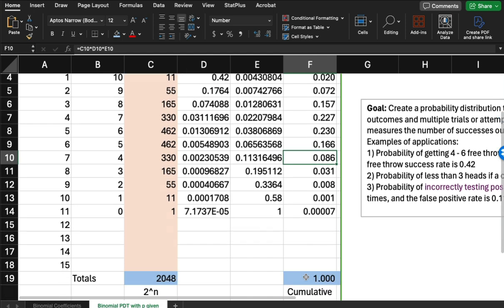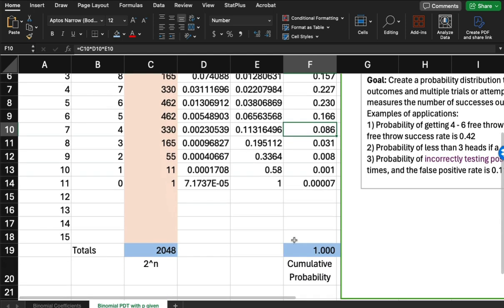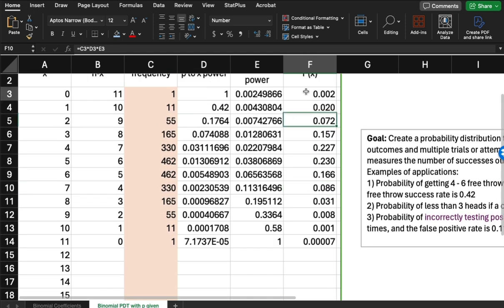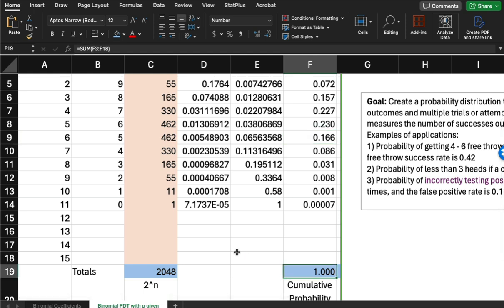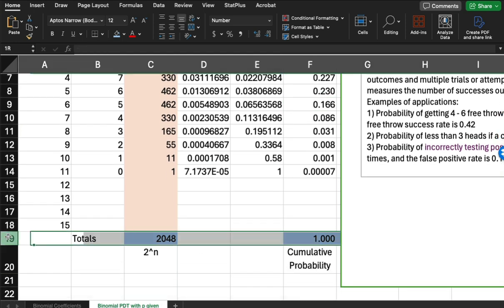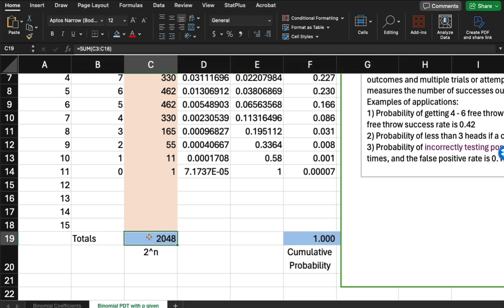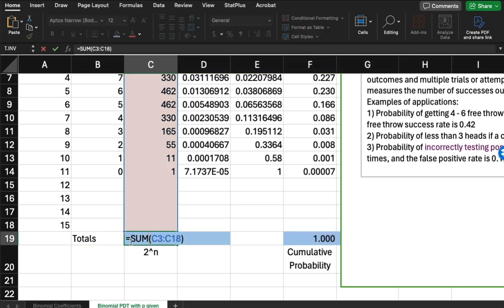So just to double check that these probabilities are in fact big enough, because I look at them individually and I'm like, I don't know if these add up to 1. So go down here in row 19 where we have our totals, and there are 2 totals that you need to make. One of them is here in the C column. So type in equals sum and then parentheses C3 colon C18.